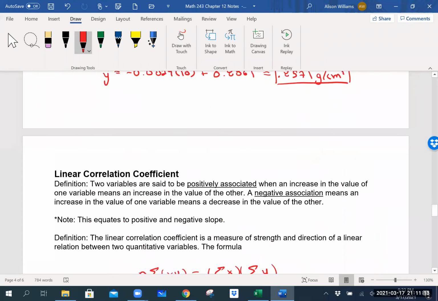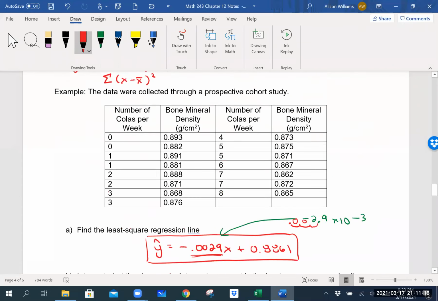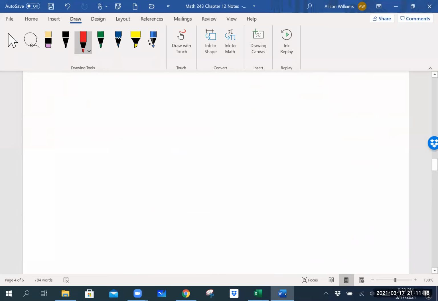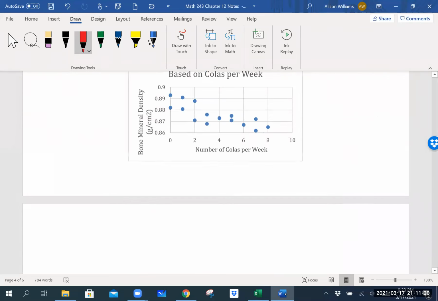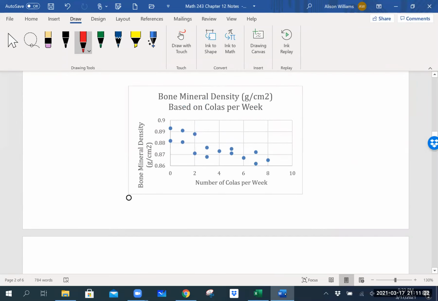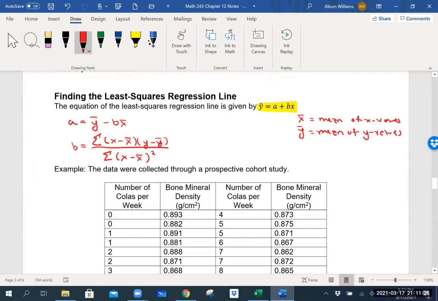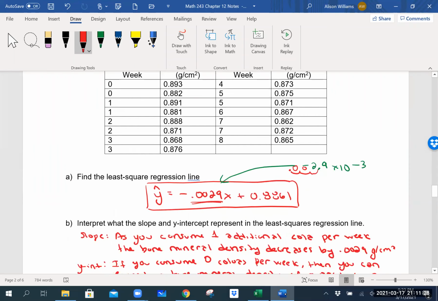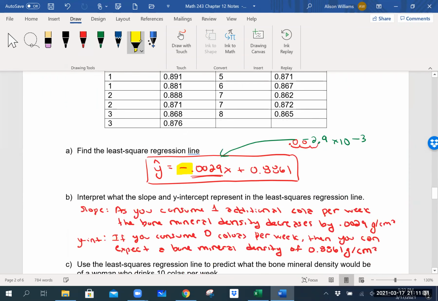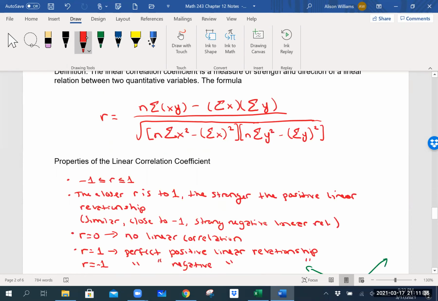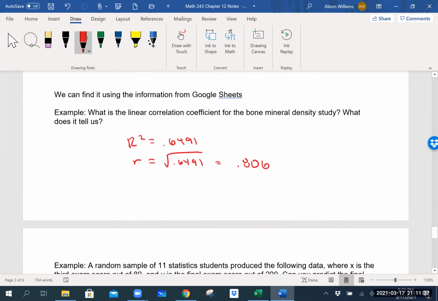So up here, when I had graphed it, all the way back in the last section, I had that graph there. It's a negative linear relationship. That's also reflected in the least squares regression line we found, which had a negative slope here. Negative slope. So our R value is negative for this example because we're looking at a negative relationship. So this would be the R value.